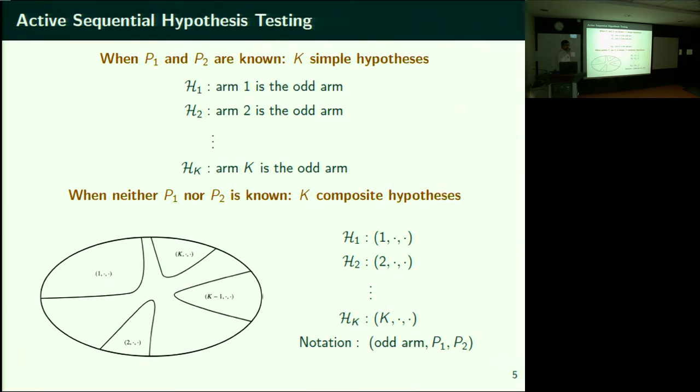There are some which contain the first movie as the odd movie, some which have the second movie as the odd movie, and so on. It's about identifying the right hypothesis class. I don't want you to pinpoint the exact hypothesis. I don't care to what accuracy you report the TPMs P1 and P2. All I want you to tell me is 1 is the odd arm, 2 is the odd arm.